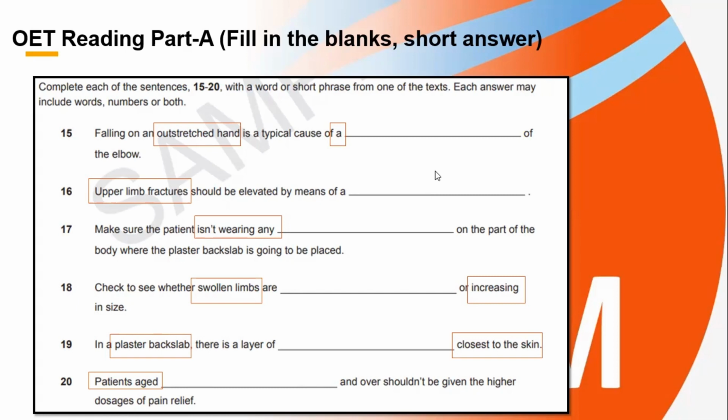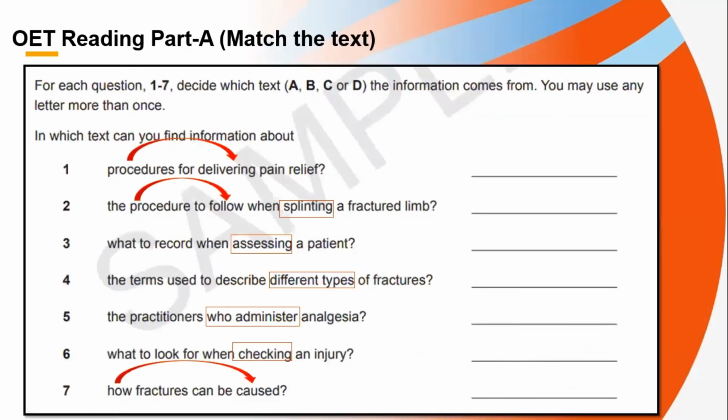And after that, we have to check to see whether swollen limbs are dash or increasing in size. Which paragraph can we go to to find the answer? It should not be inflamed. I will go to the paragraph.